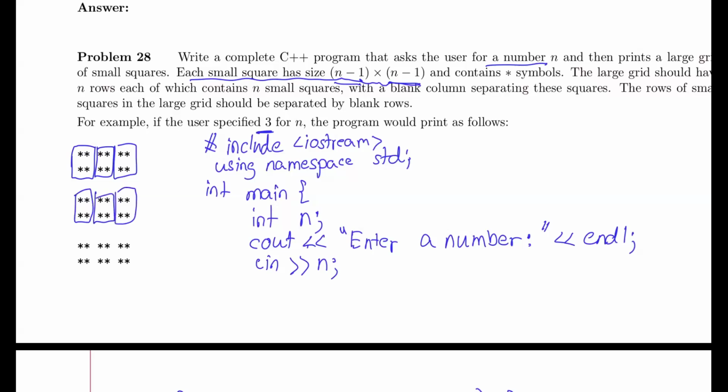That is why we need to have n minus 1 squares in each block. And this is a smaller group, so the larger group is this one. This is 3 by 3 because the input is 3.